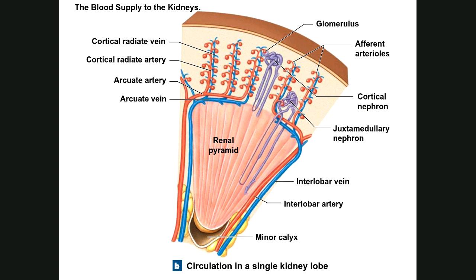The interlobal arteries branch into the arcuate artery, then into the cortical radiate artery.